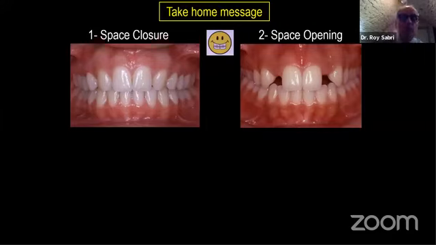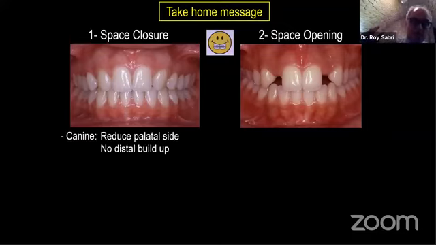I want you to go with this take-home message. For space closure, I want you to remember 2-3 clinical tips. One is make sure you reduce the palatal side of the canine that is going to replace the missing lateral. Why? Because you don't want it to bulge out. Remember from your dentures, you'd always put the lateral small, inside.